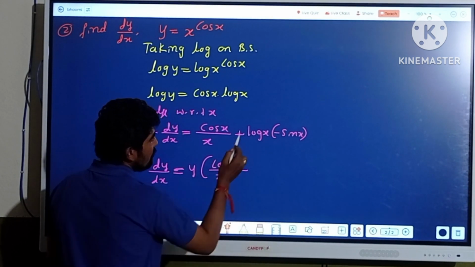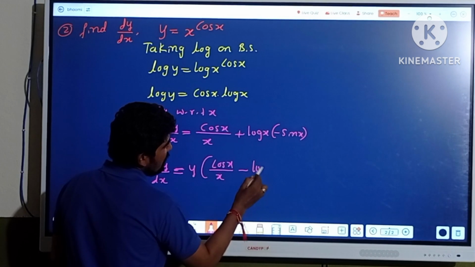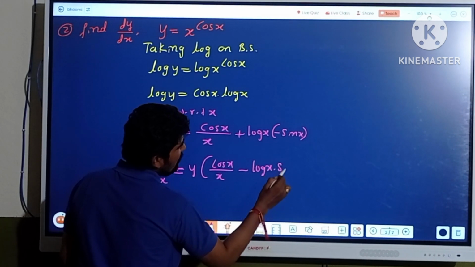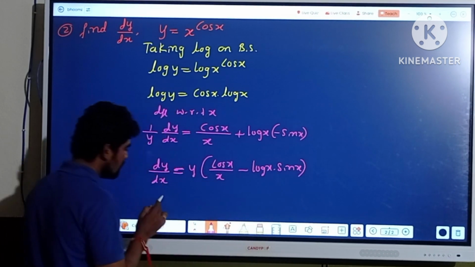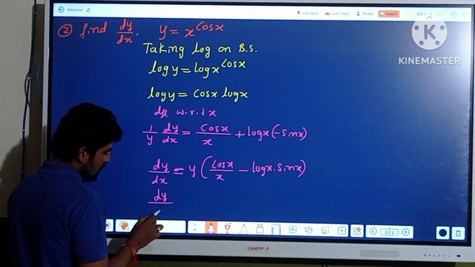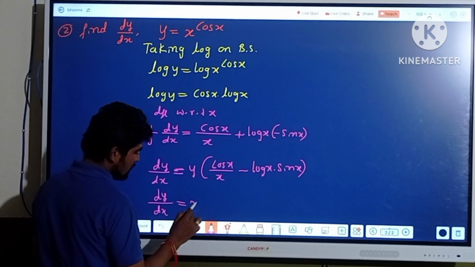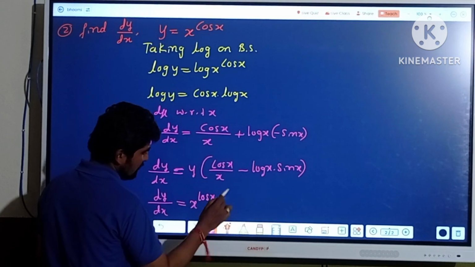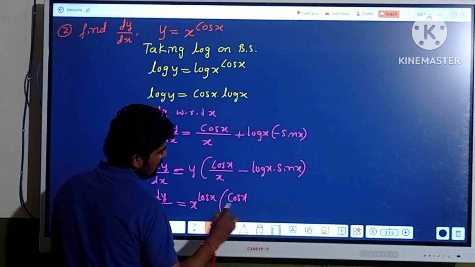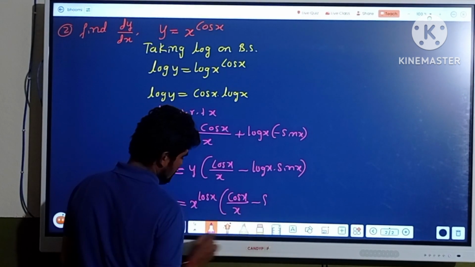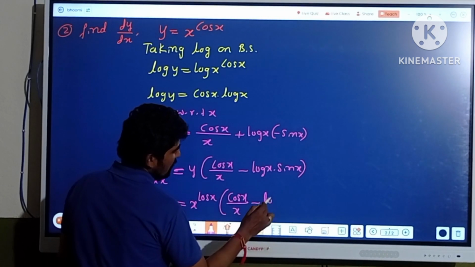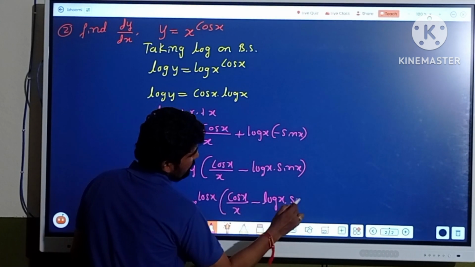Observe here, plus into minus is minus log x into sin x. So the final answer for dy by dx is y, and y means x power cos x, into cos x divided by x minus log x into sin x.